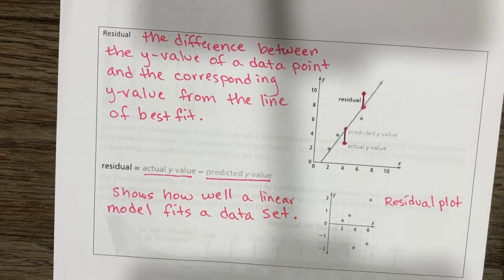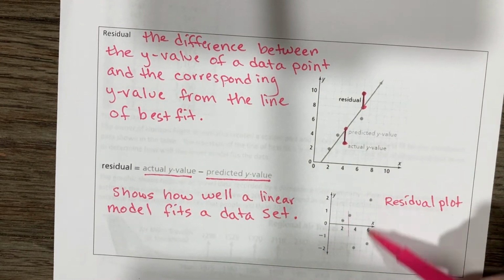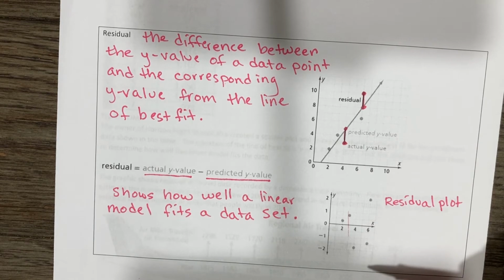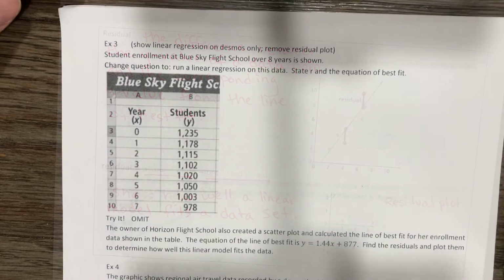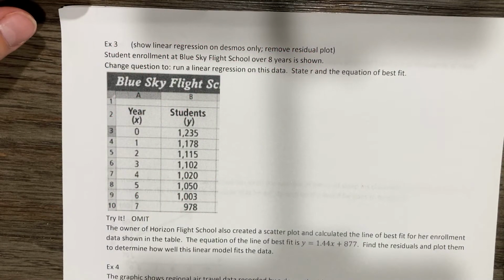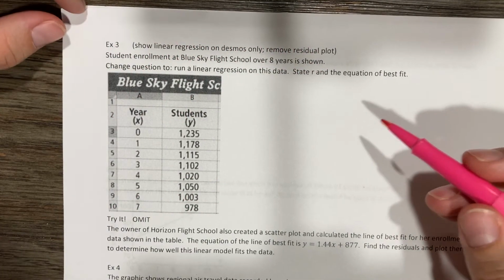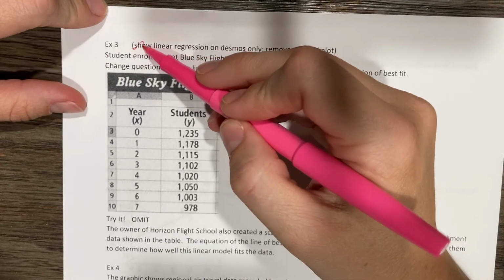If residuals are randomly distributed on either side of the x-axis and clustered close to the x-axis, then the linear model is likely a good fit. We are now on the next page, and we are going to ignore some of this because it's teacher notes.